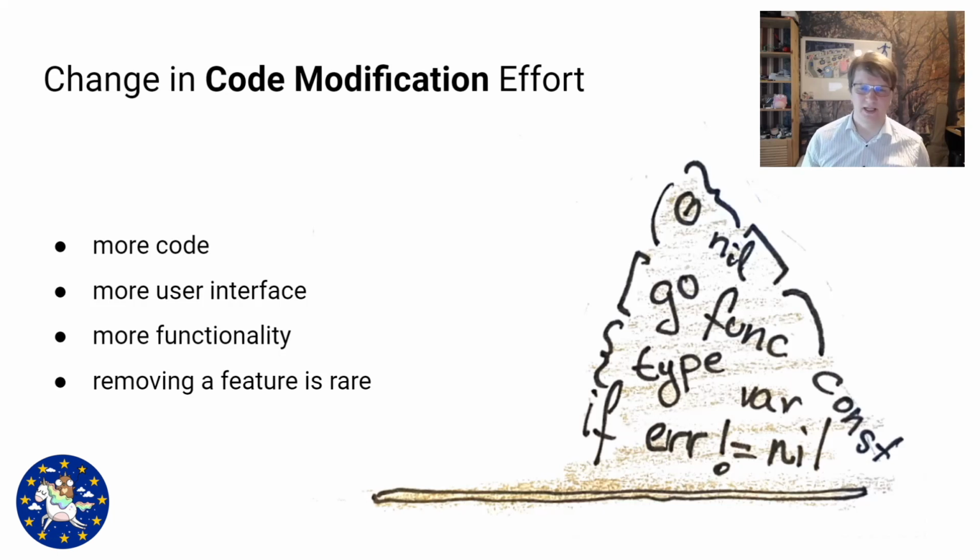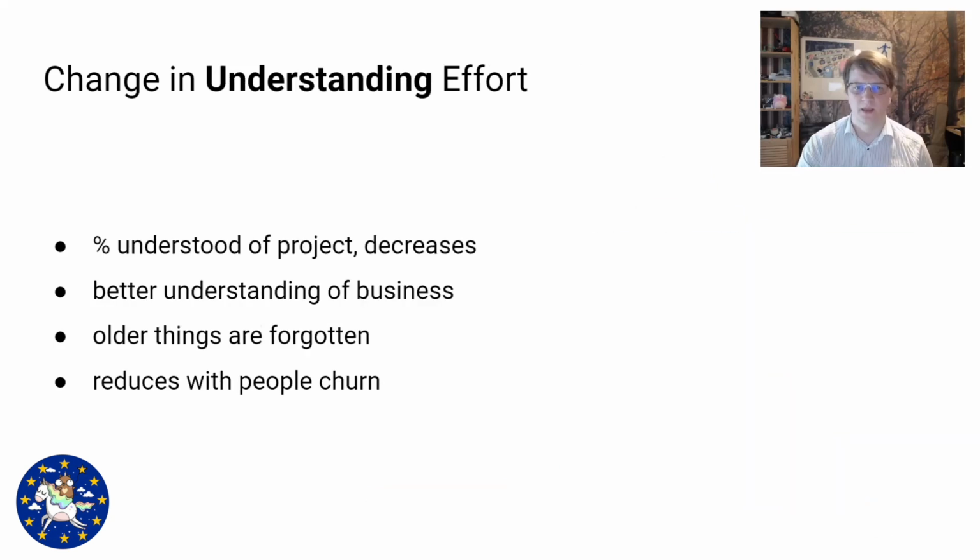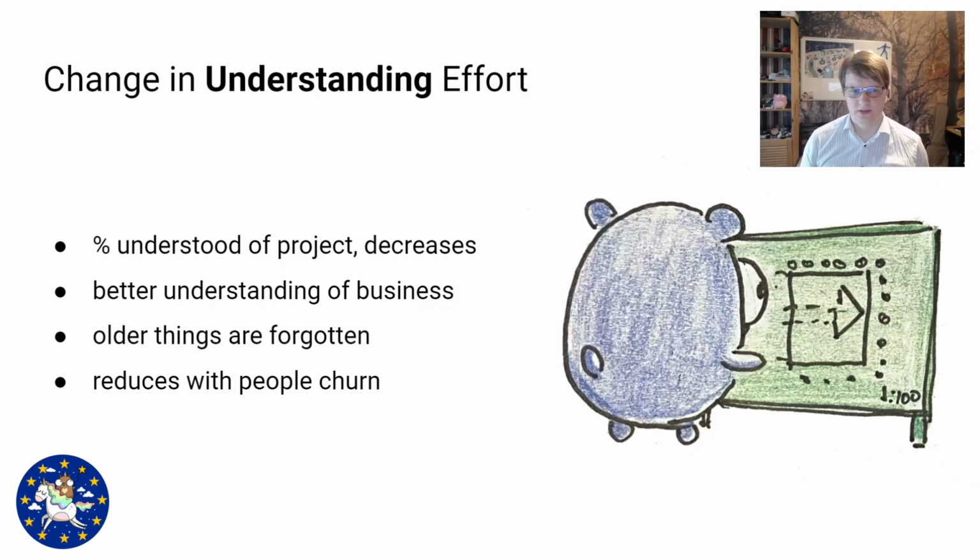It's rare that we remove features or functionality. There's more user interface to consider and features interacting with each other. There's also an effort increase in understanding the project, because if the project is larger, we know a smaller percentage of the whole project.